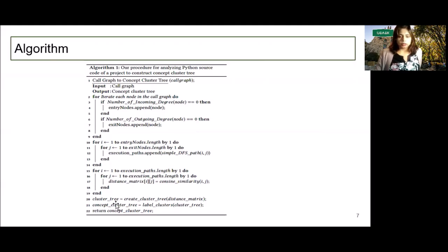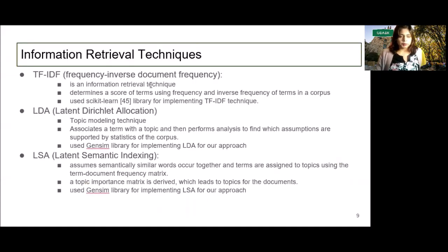And then we created the cluster tree with node labels, and after that we created the concept cluster tree by applying the automatic labeling. So these are the information retrieval techniques we have used to label the intermediate nodes and the root node.